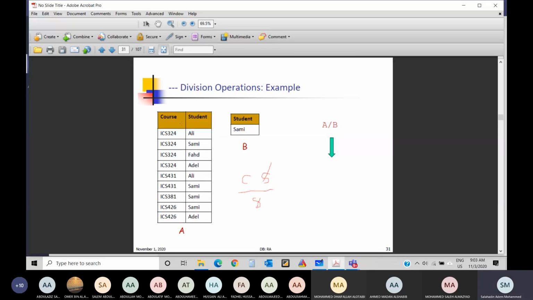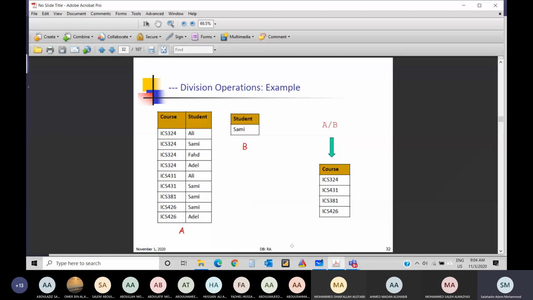So the output will be a table which contains only the columns in A but not in B, only the courses. Exactly. So what will happen is: find all the courses which Sami took. Sami took ICS 324, ICS 431, ICS 381, and ICS 426. So the output is this.